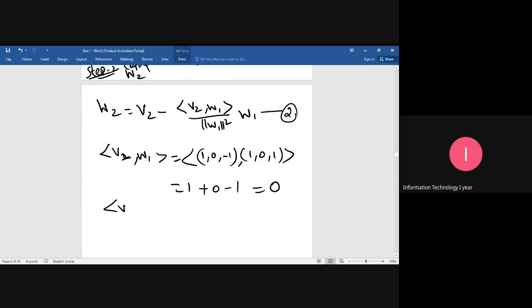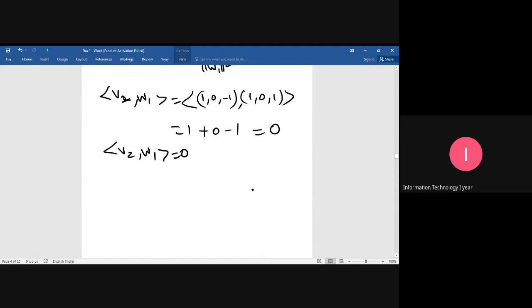So the inner product of V2 comma W1 is 0, which means no need to find norm W1 square here. But we find it anyway, because in the next step when we calculate W3 we need the norm W1 square value.